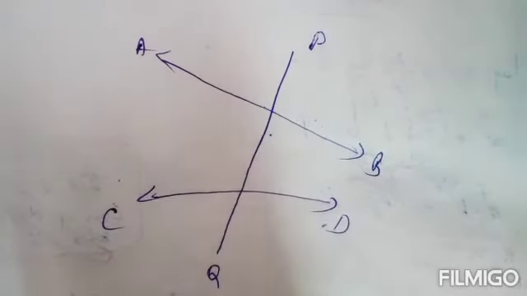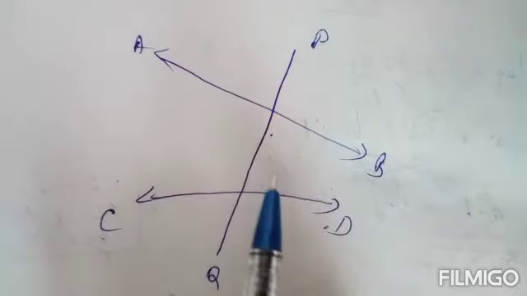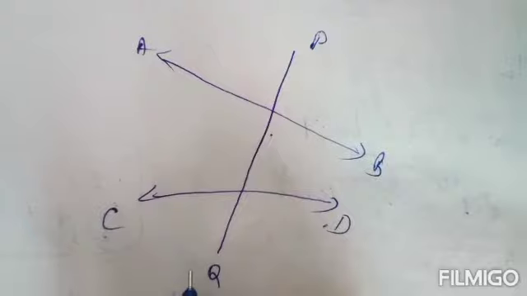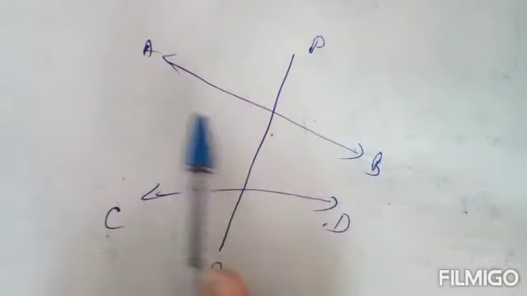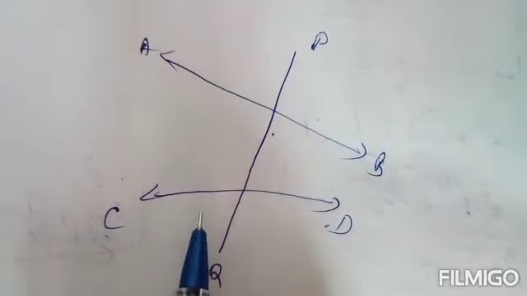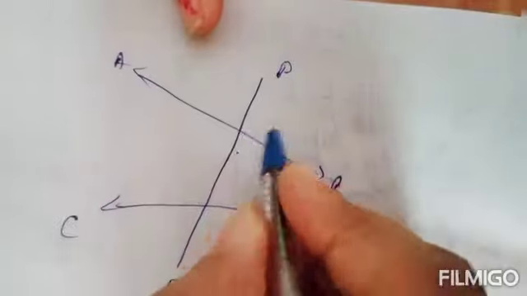Now, when two lines are cut by a transversal, 8 angles are formed. So let us mark these angles.